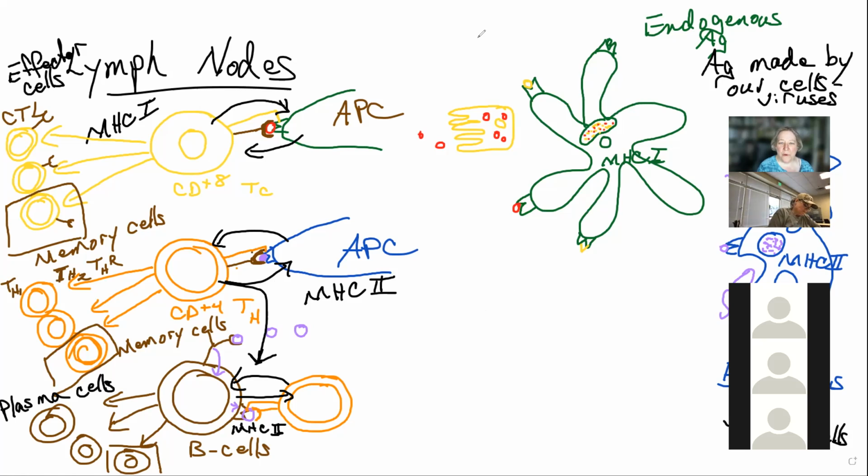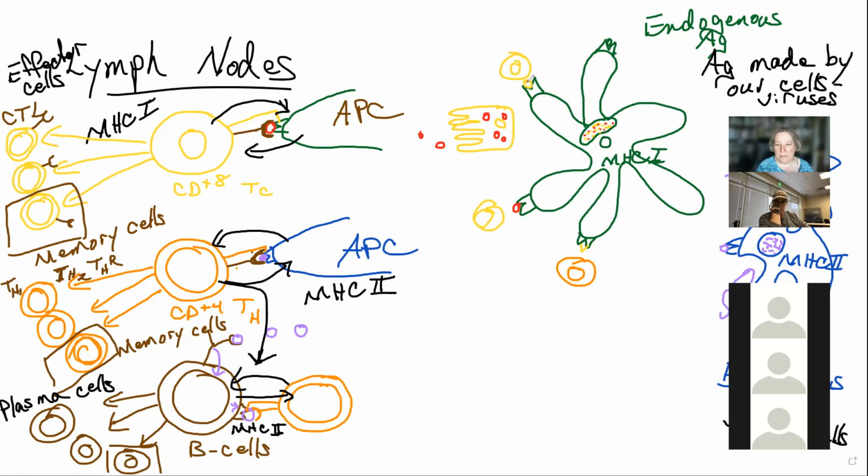So if I were to draw these guys, because remember, all of these are displaying both MHC1 and MHC2. You've got all sorts of T helper cells, CD4s and CD8s coming and checking all of the antigens that are being displayed.